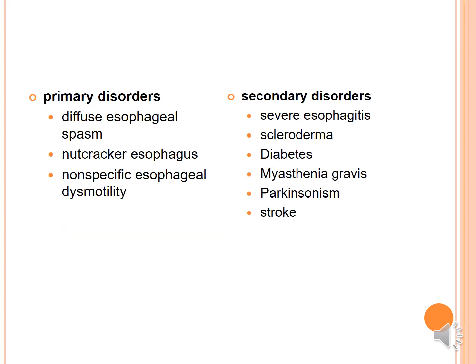Primary disorders are mainly the diffuse esophageal spasm, the nutcracker esophagus, non-specific esophageal dysmotility, and secondary disorders are mainly severe esophagitis, scleroderma, diabetes, myasthenia gravis, Parkinsonism, and stroke.